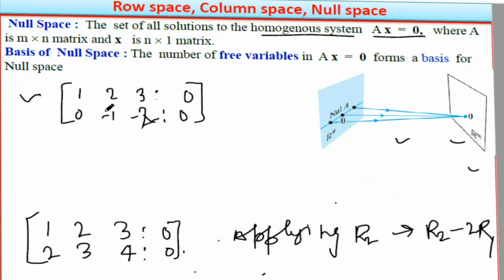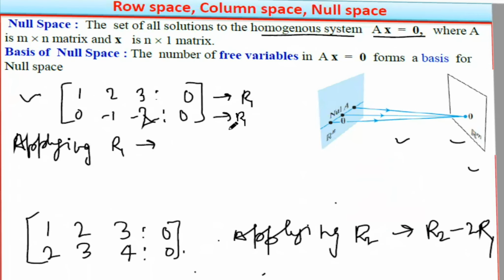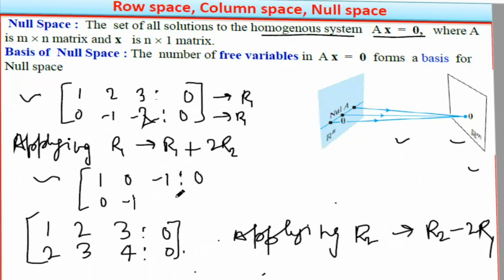We have to make the 2 above this term 0, so we apply R1 changes into R1 plus 2 times R2. Therefore we get the equivalent matrix: 1, 0, 3 minus 4 which is minus 1, with 0, and 0, minus 1, minus 2 with 0.